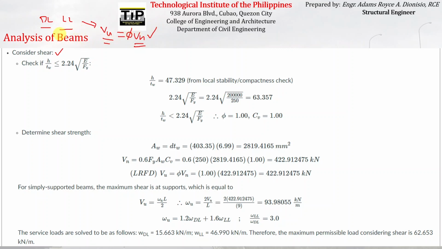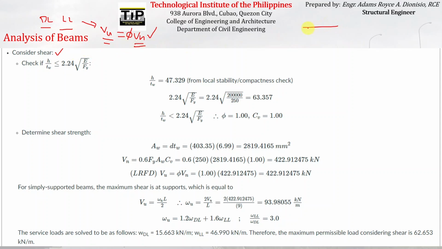Okay, so for the analysis of a steel beam in resisting shear, for us to find its capacity in resisting shear, if you can remember the corresponding code provision, we have to check the width thickness ratio of the web simply because, as I have mentioned a while ago, shear stresses are mostly resisted by the web.